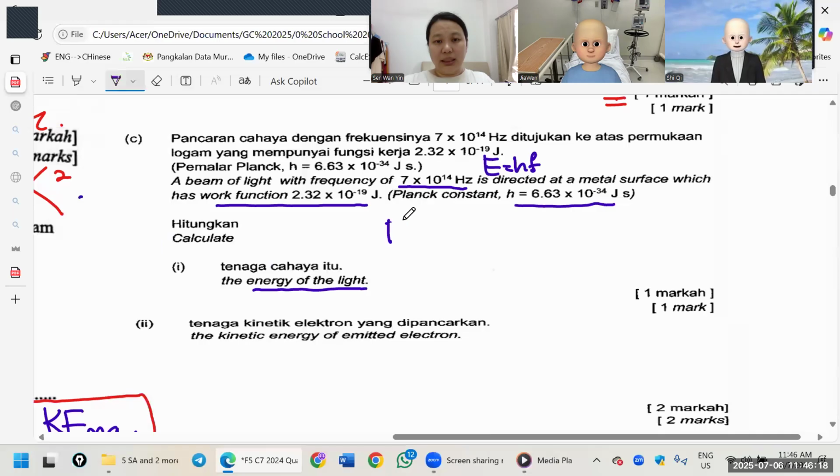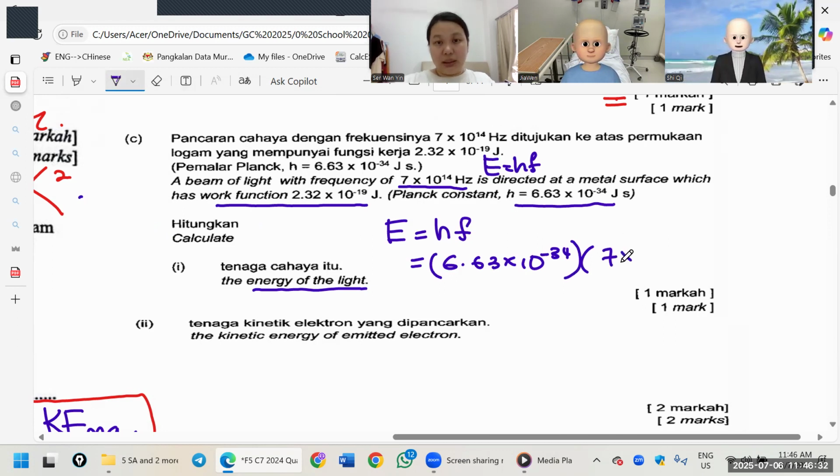Okay, the energy of light. Same thing: E equals hf. Planck constant 6.63 times 10 to the power of negative 34. Frequency 7 times 10 to the power of 14 hertz.